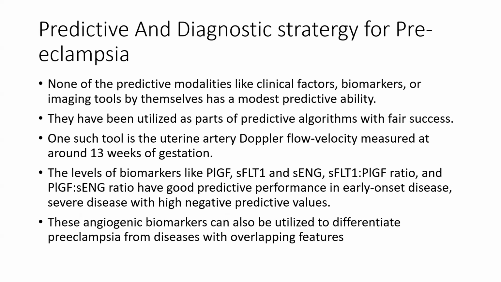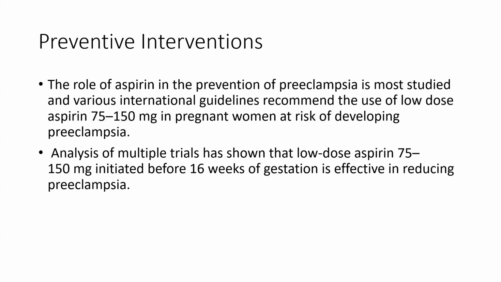The level of biomarkers like PlGF, sFlt-1, sEng, sFlt-1 by PlGF ratio, and PlGF and sEng ratio have good predictive performance in the early onset, severe disease with high negative predictive values. These angiogenic biomarkers can also be utilized to differentiate preeclampsia from diseases with overlapping features.